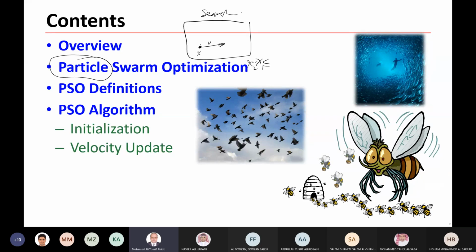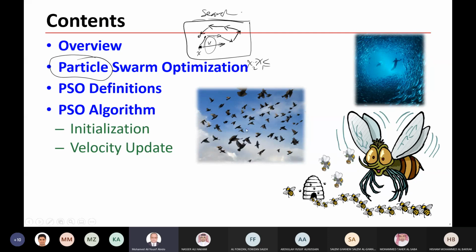So this particle will move within this search space. But how will this particle adjust its position? Each particle has its own velocity, and this velocity will be updated from iteration to iteration. And based on this updating of the velocity, the position will move somehow here, here, here, and so on. It will move around.